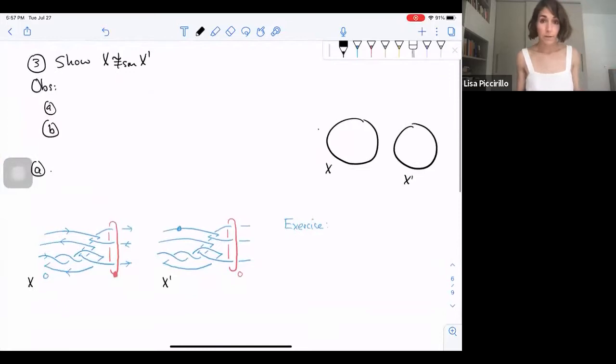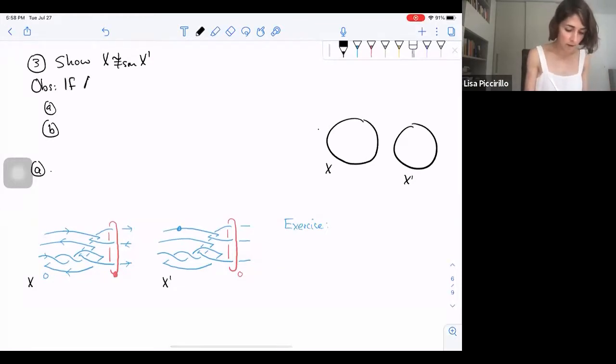So the real work that remains is to show that they're not diffeomorphic. To tell you how we're going to do that, let me start off by telling you an observation that's going to seem a little pedantic. The observation is that if there was a diffeomorphism delta from X to X prime, then delta restricted to the boundary is some boundary homeomorphism.